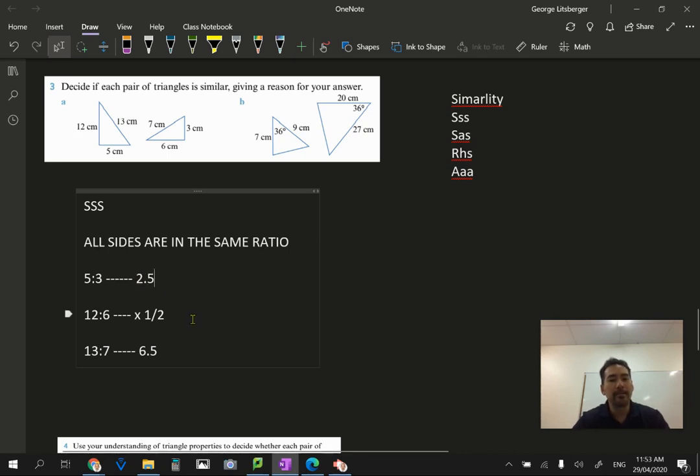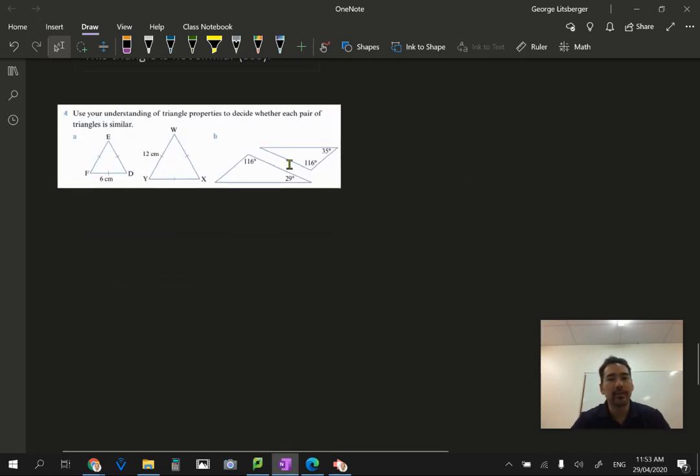So because the 3 do not share the same ratio, or I could say the same scale factor, we can conclude that this triangle is not similar, using the rule SSS.